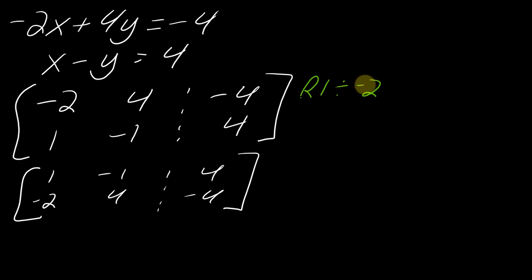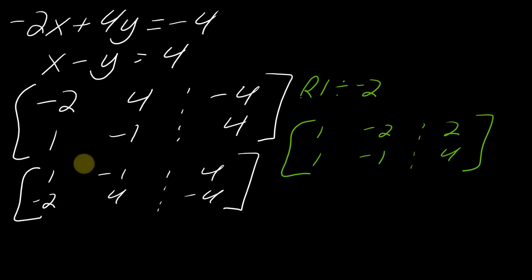So why divide it by -2? Well, if I did that, that would turn this number here into a 1. So just to show you what that would look like, that would be 1, -2, and 2, and then 1, -1, and 4. So you could have done either one of these methods.